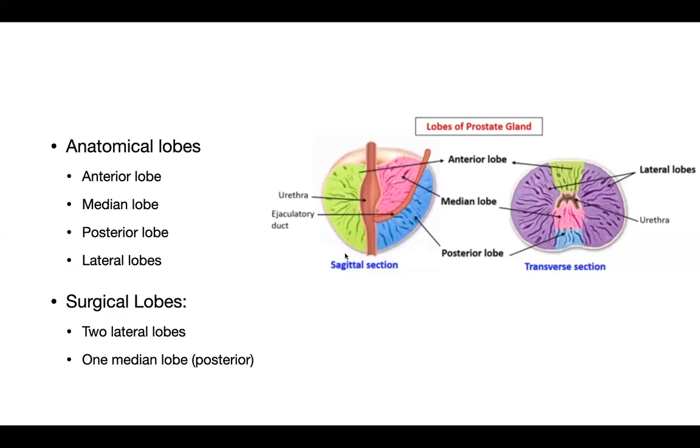The anatomical lobes are 5: one anterior lobe, one median lobe, one posterior lobe, and 2 lateral lobes. For surgical purposes, which is what usually causes the symptoms, the main ones concerned are the 2 lateral lobes and the median lobe, which usually cause the symptoms that patients with BPH present with.